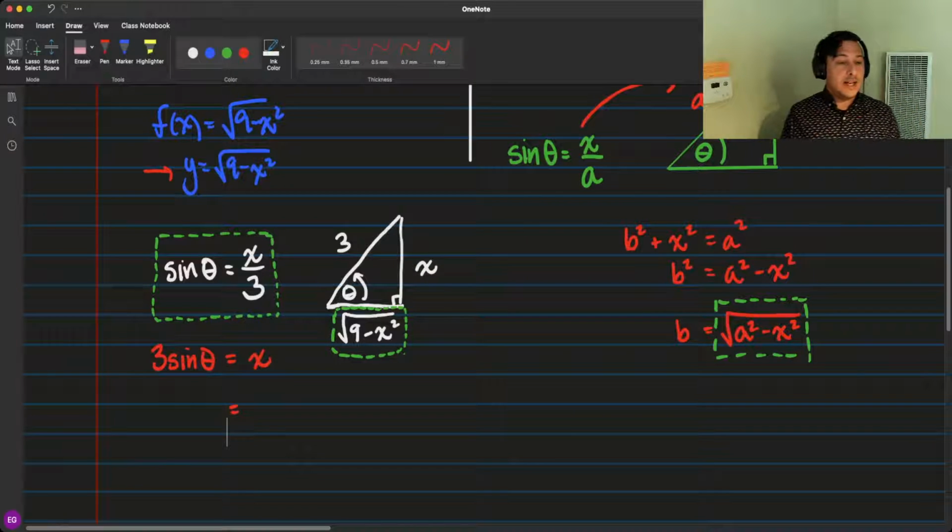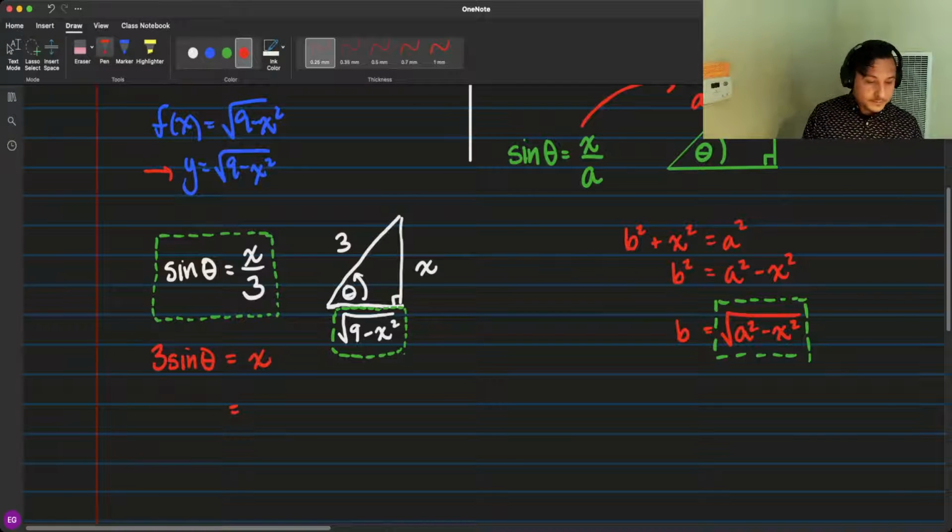So, if x equals 3 sine theta, let's calculate the differential.